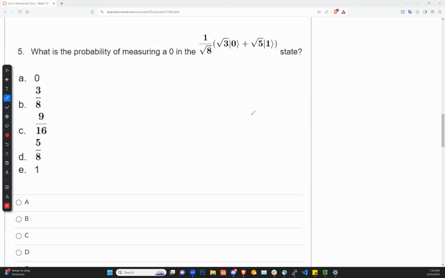So for example, if I wanted to find the probability of measuring the 0 state, I would take the 0 bra, which is the state we want the probability of.